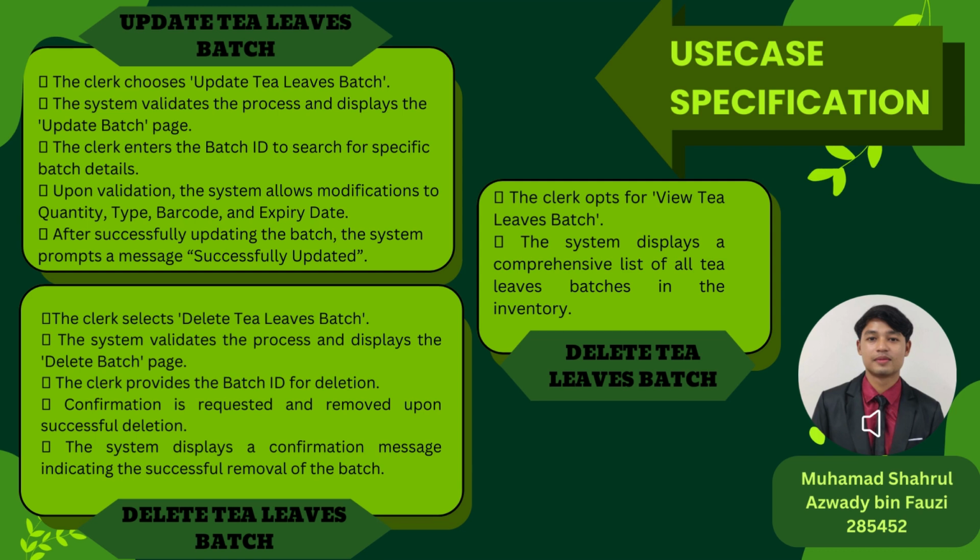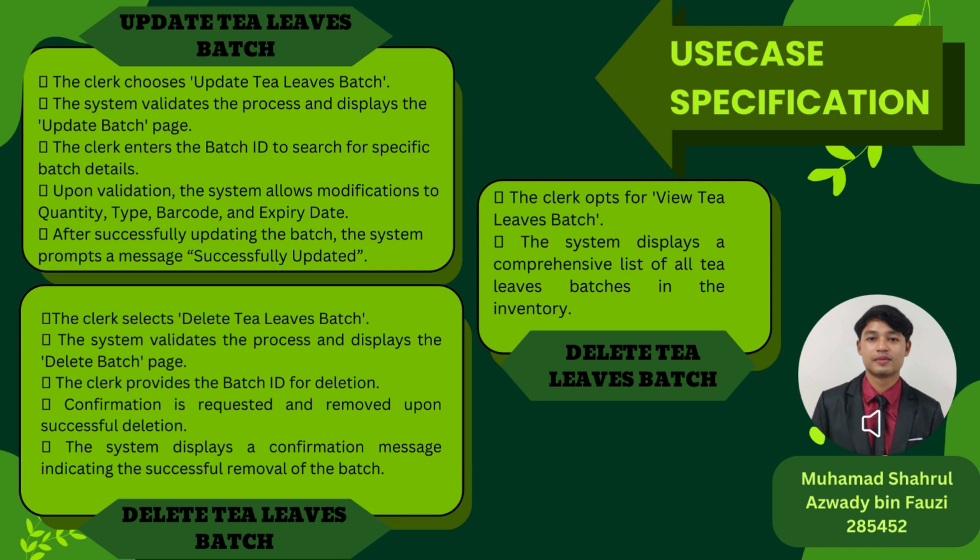Upon validation, the system allows modification of quantity, type, barcode, and expiry date. After all the things are done, like updating and the confirmation for the update, the system prompts successfully updated.